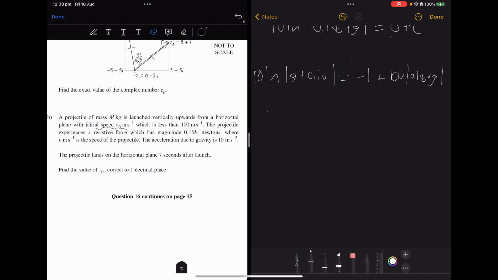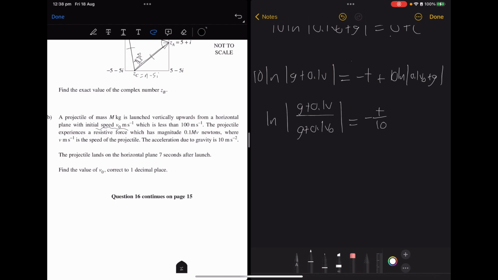So ln of the absolute value of (g plus 0.1 v) minus ln of (g plus 0.1 v naught) is equal to negative t over 10.